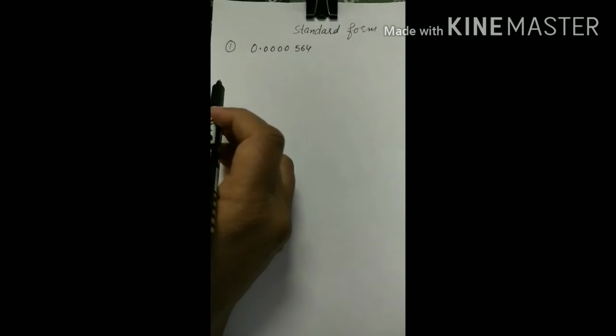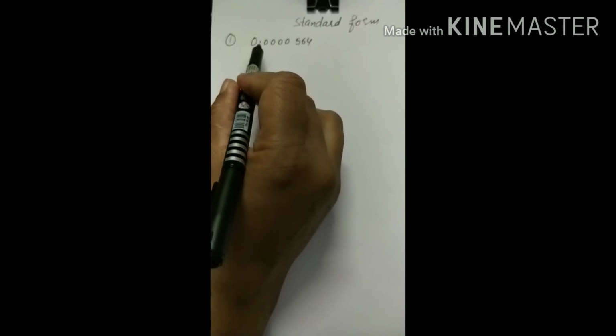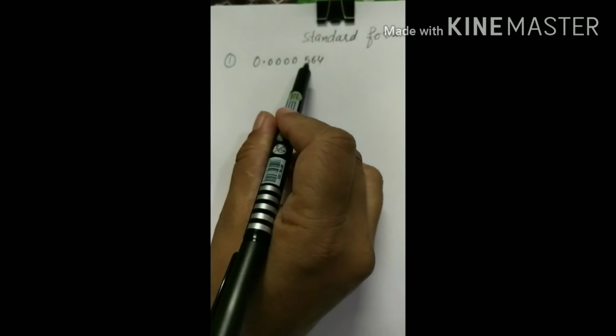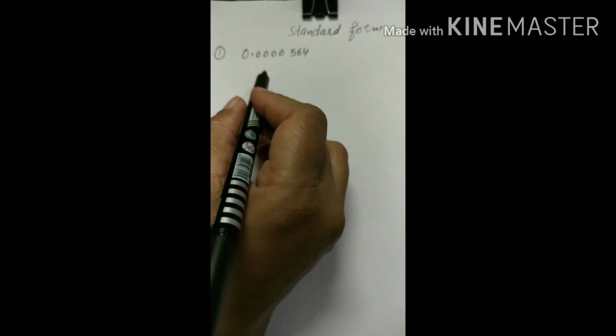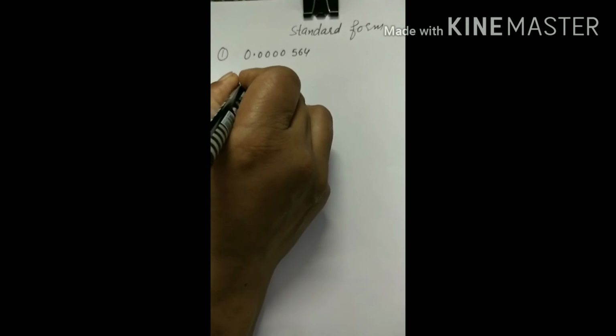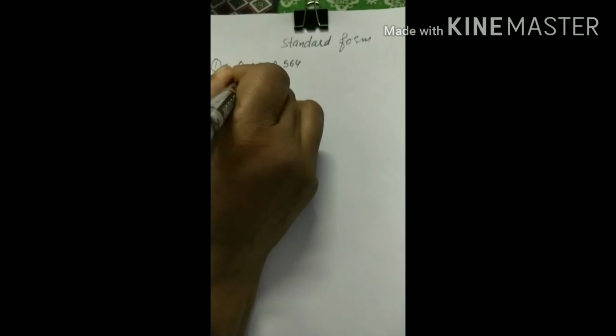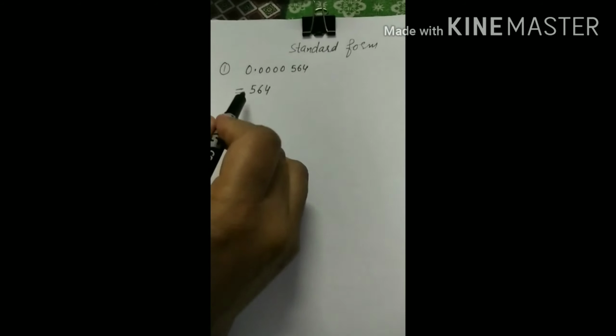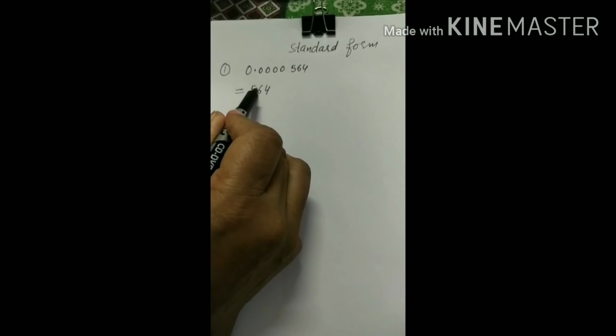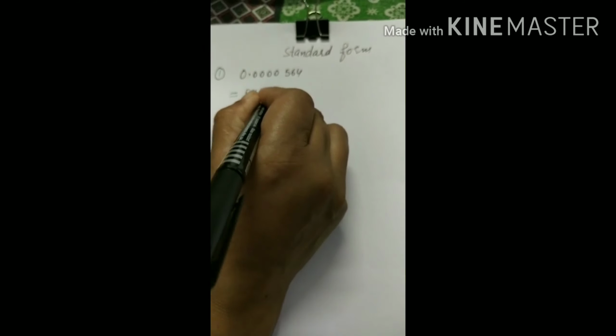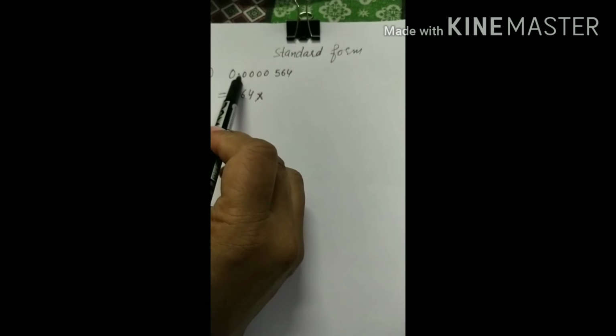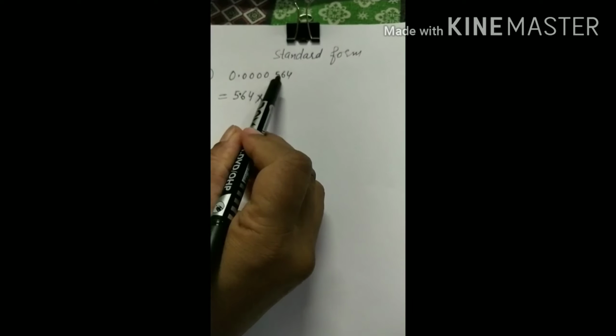This is standard form. In this, firstly we will shift the decimal after the first digit of the number. Our number is 564, so our decimal will come after the first digit, after the 5. Now how many places have we shifted the decimal? Firstly we will count 1, 2, 3, 4 and 5.